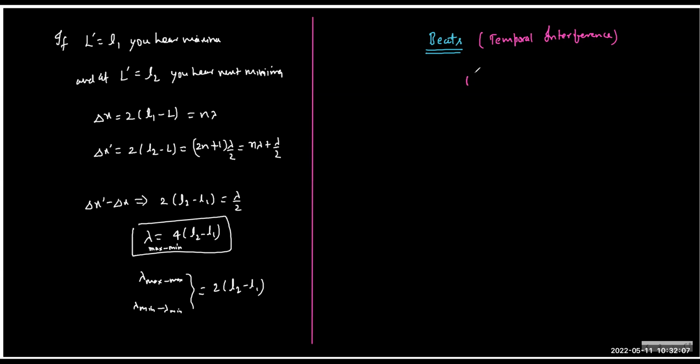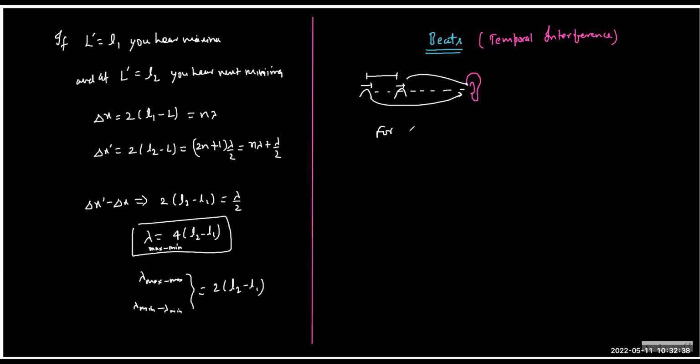So, if this is your ear, and a sound wave is approaching, let's say a pulse is coming towards you, and the next pulse is also approaching. If the two sound notes reaching your ear have an arrival gap of more than 1 by 10 seconds, you can hear them distinctly. Otherwise, the brain will be confused about whether it is hearing two sound notes.